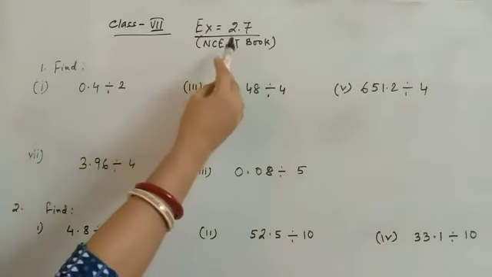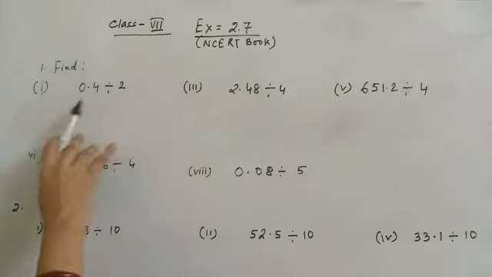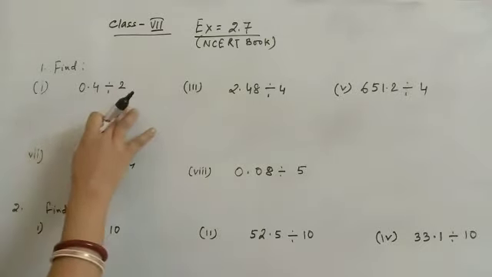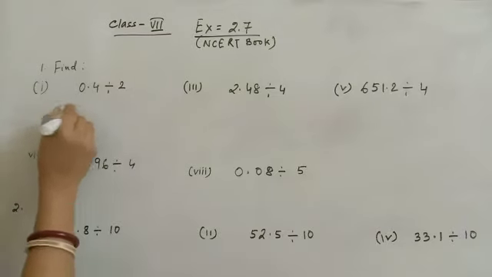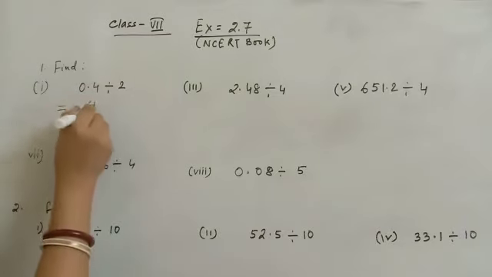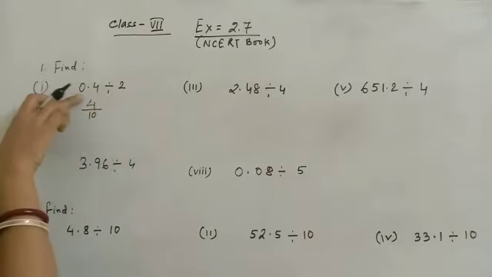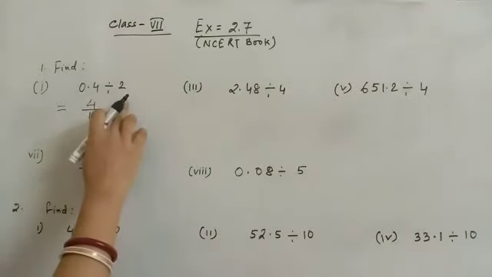Now new exercise 2.7, and it is division of decimal numbers. Now the sum is related to division of decimal numbers. So it is 0.4, and you know that it is 10th place. Here the first one, the dividend, is a decimal number and the divisor is a whole number.